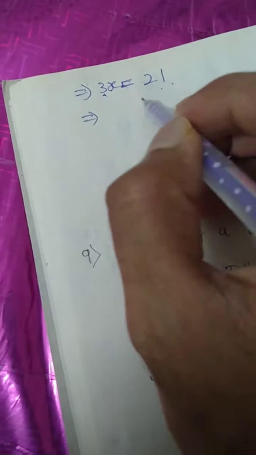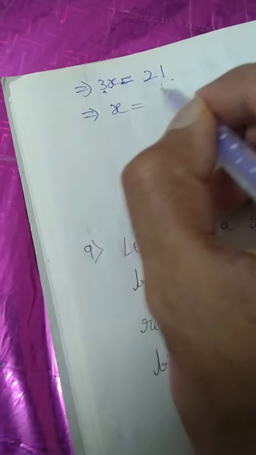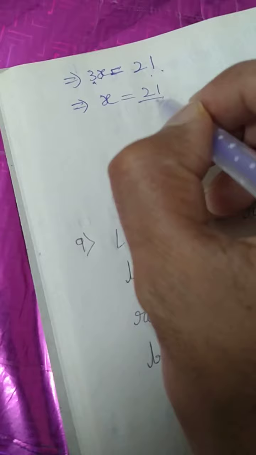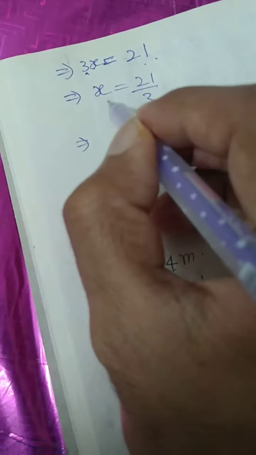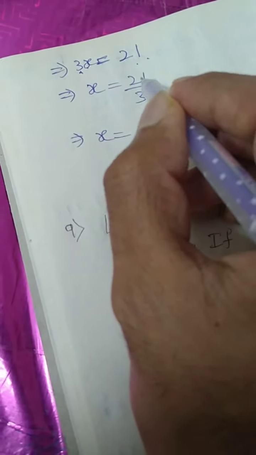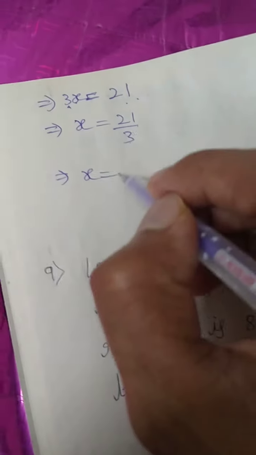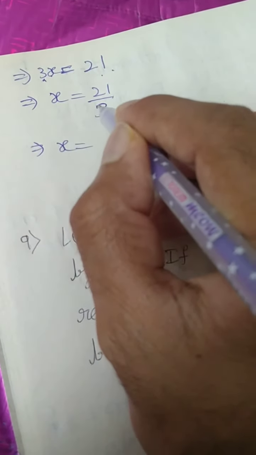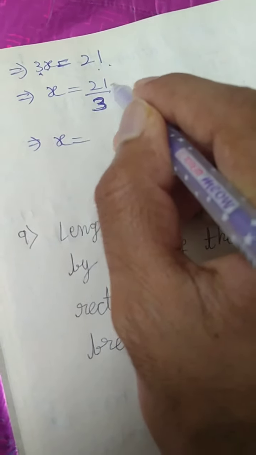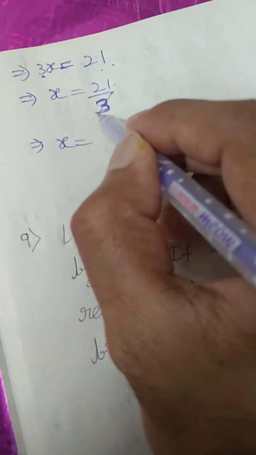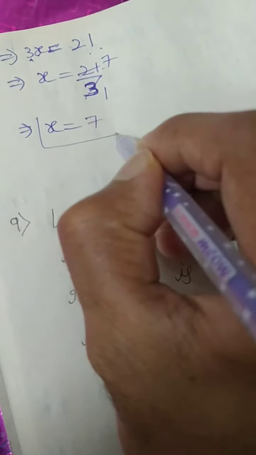If it goes to the other side, it will divide. So x is equal to 21 by 3. If you know the 3 table, you will get where 21 comes: 3 ones are 3, 3 sevens are 21. So x is equal to 7. We got one x value as 7.